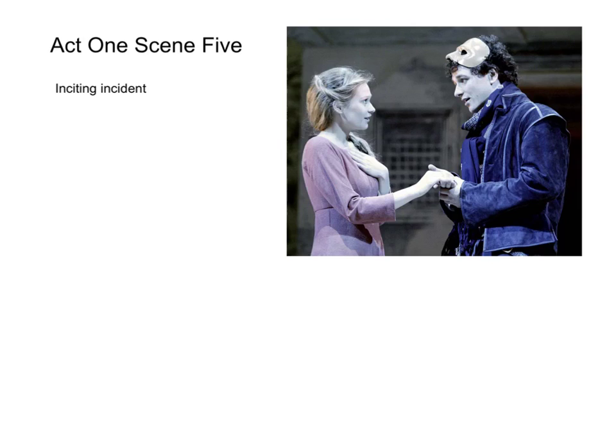Did my heart love till now? Forswear its sight, for I ne'er saw true beauty till this night." So Romeo says in this little scene that he has never seen true beauty until he saw, not even he met, he saw Juliet.